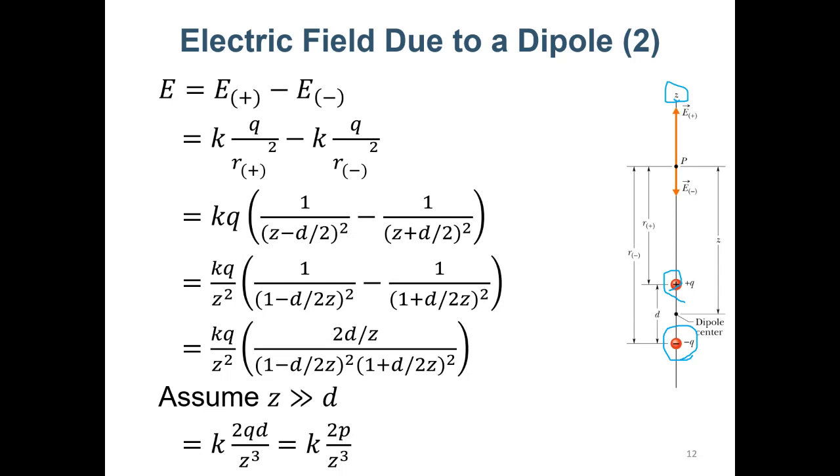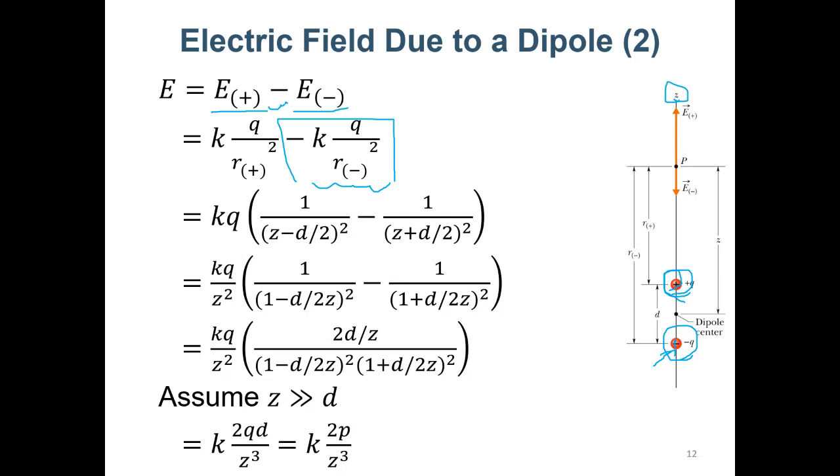The negative sign means that this is a negative charge, and here we only concern about the magnitude. So this overall term is negative because it is a negative charge, so it will generate a negative E field, which means pointing downwards. And the E field generated by the positive charge is pointing upwards.